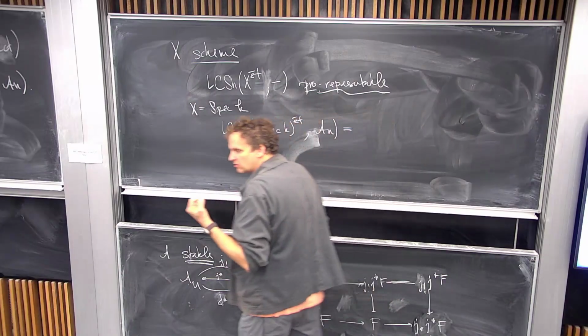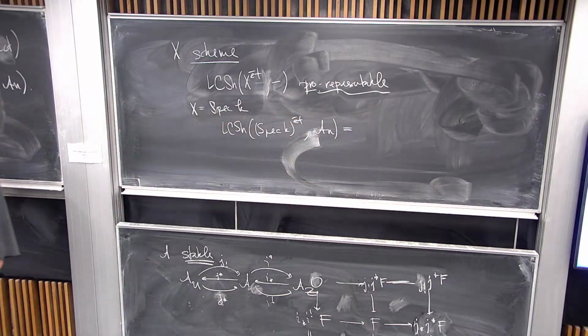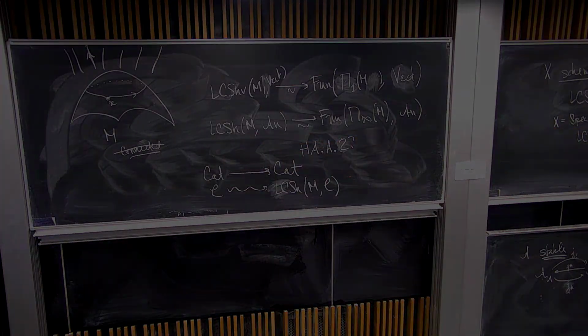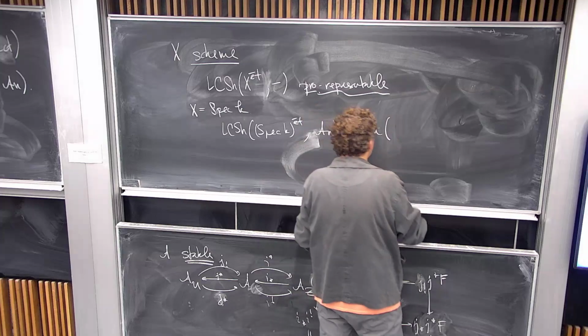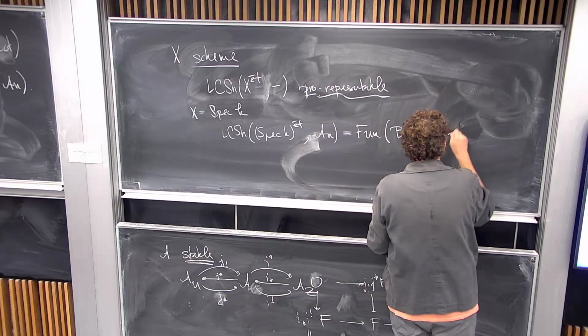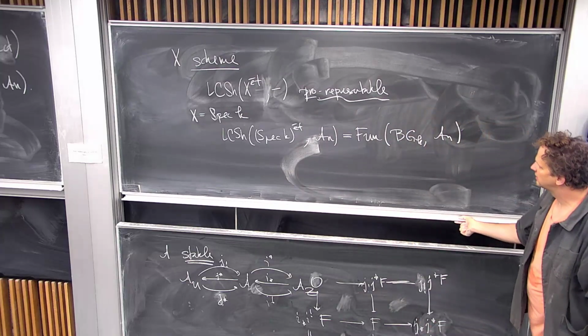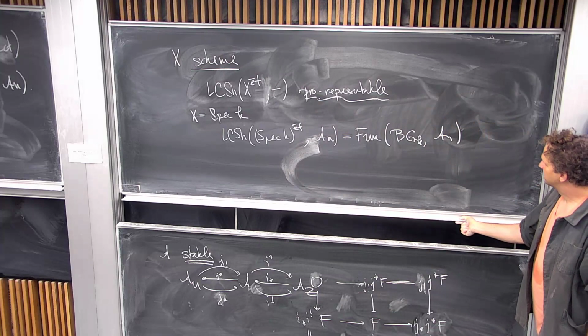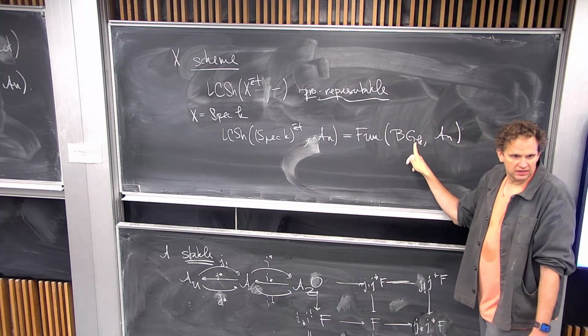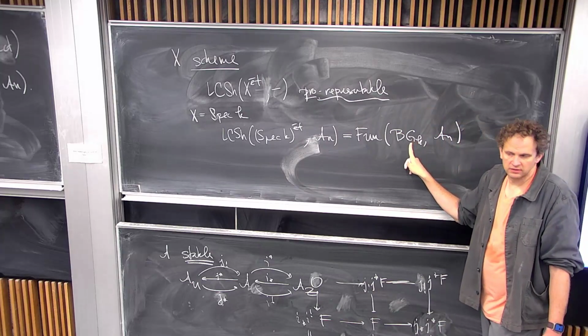But the absolute Galois group of K isn't just a group, right? It's a profinite group. So what I want to say here is functors from the classifying space of the absolute Galois group into anima. And I can almost say that, except I have to say something about the topology that I have on the group. Right?